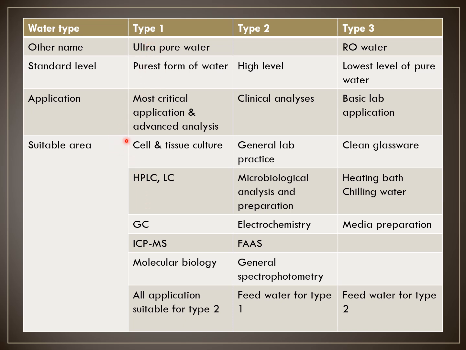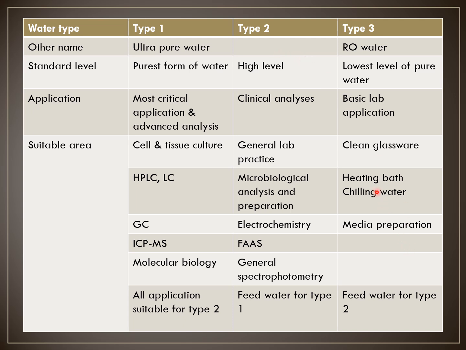You will check what type of application area you have from this table to select the most suitable type of your water purification system. In general lab use, we recommend you choose pure water that can reach the standard level of type 2.